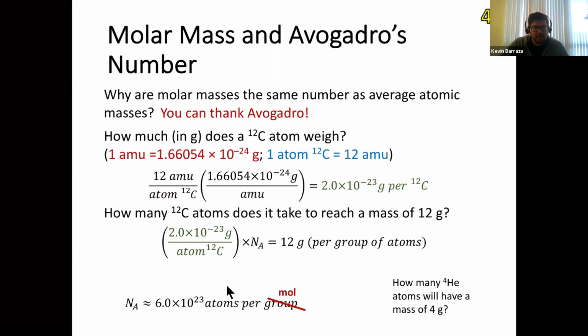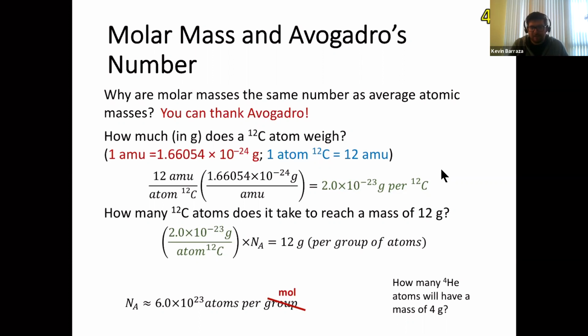This is just for demonstration purposes, rather than how we're going to solve all of our problems about this topic. It's basically my way of explaining what a molar mass is and why the molar mass is such a nice value. It's always the value at the bottom of the element symbol. So that's what we need to take away from this.